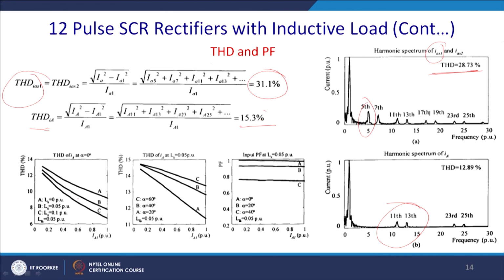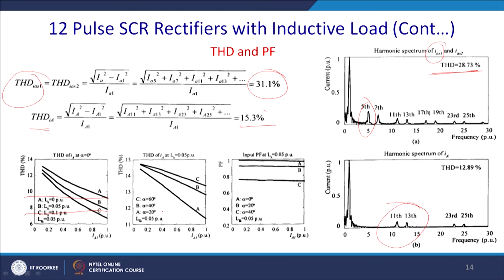With the same treatment for alpha equal to 0, you can find that THD is close to 8 to 9% for 0 source inductance, but in practical cases you will have 5% source inductance, and that will be close to 7%. And if you increase the alpha triggering angle, you can see that THD generally increases.